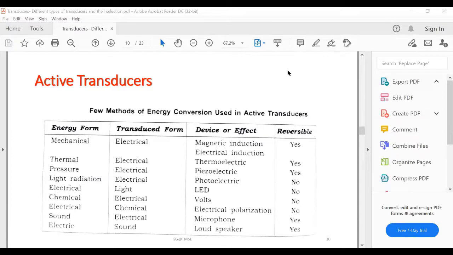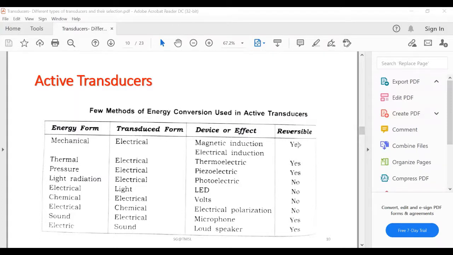So here is a table. In this table, you can see that from one energy to another, this particular device or effect can be used, which may or may not be reversible. First is magnetic induction, where mechanical energy is transduced into electrical energy, and it is reversible.